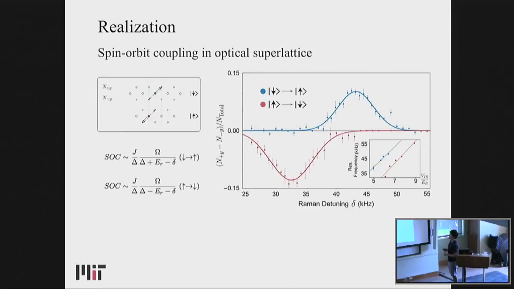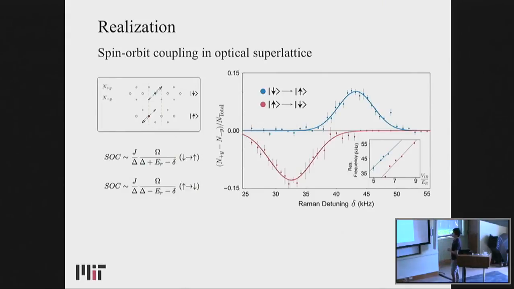So we quantify this system by calculating the population imbalance between the atoms in the top line and the atoms in the bottom line. We plot it against the Raman detuning, and we can see clearly two resonant peaks, and the peaks have different amplitudes, like different signs, which means that they are transferring in different processes and in different directions.